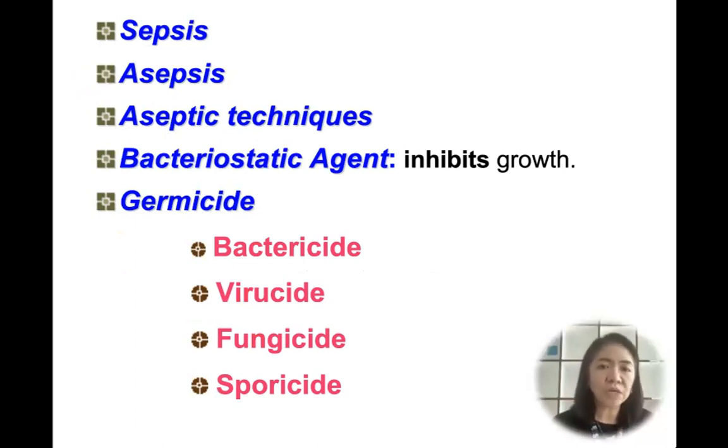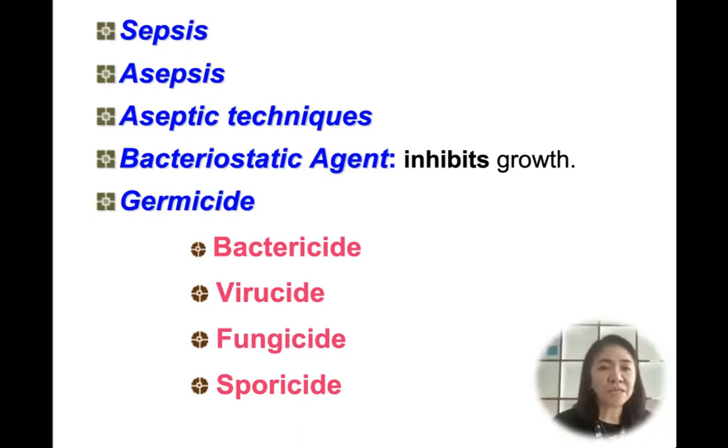So how do we acquire asepsis? It's really important to acquire that aseptic state in laboratories because we're trying to ascertain the cause of infection, so nothing should contaminate your assays.